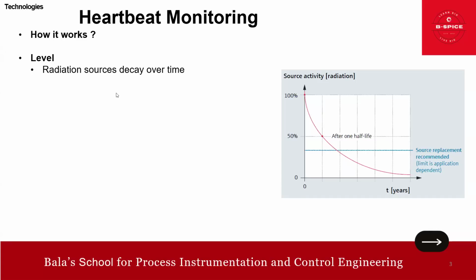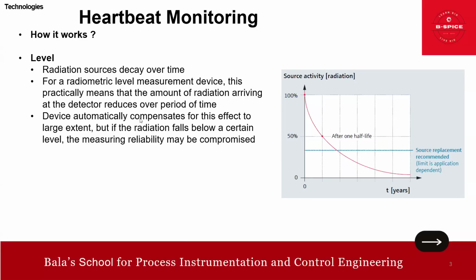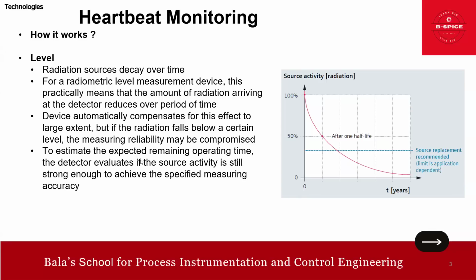For level, radiation sources decay over time, isn't it? For a radiometric level measurement device, this practically means that the amount of radiation arriving at the detector reduces over a period of time. The device automatically compensates for this effect to a large extent, but if the radiation falls below a certain level, the measuring reliability may be compromised.